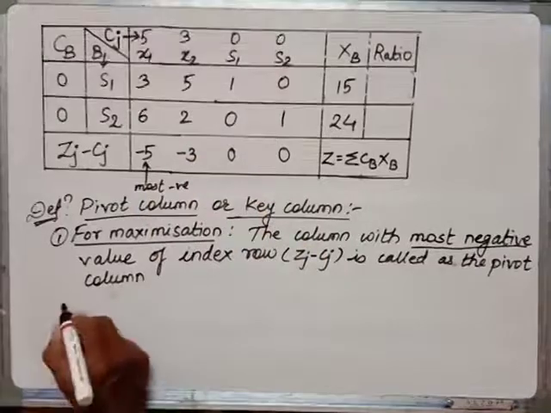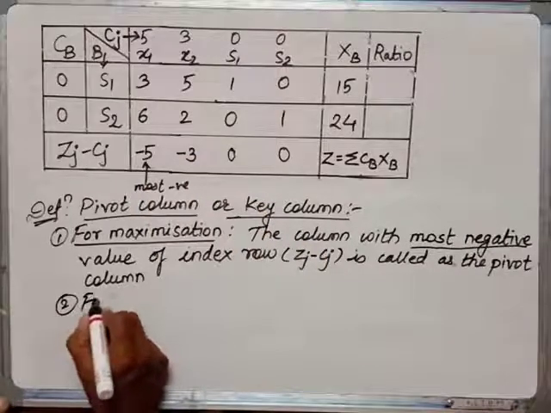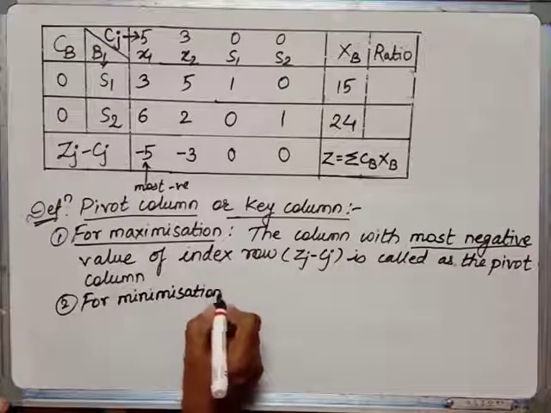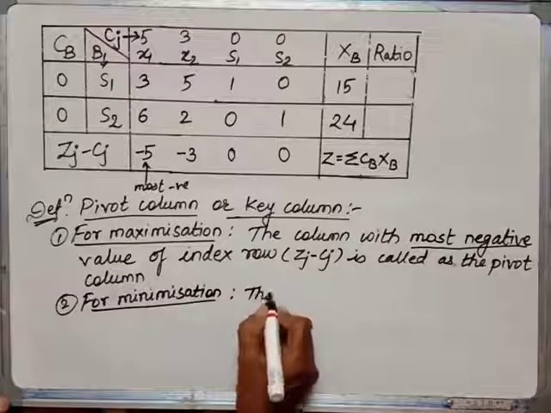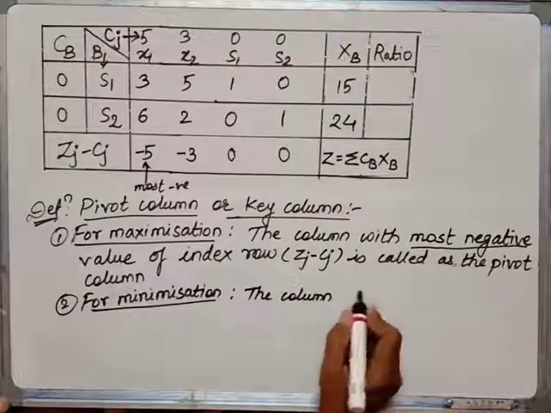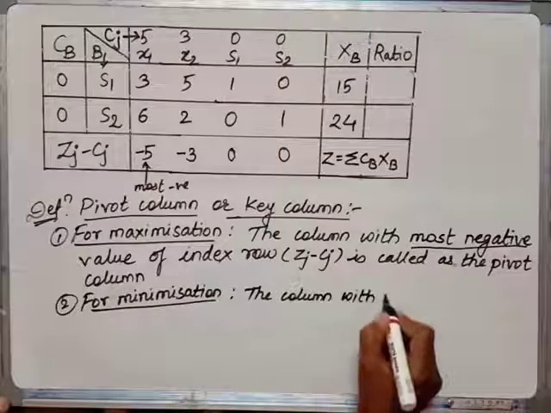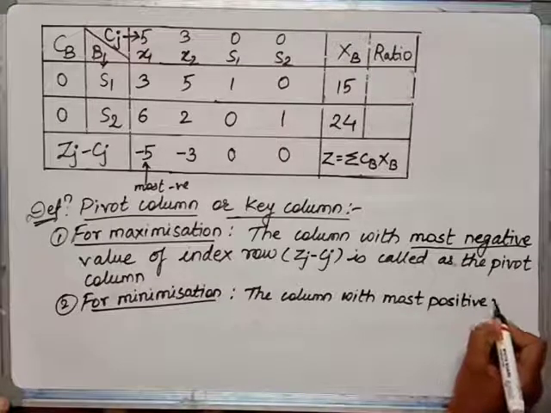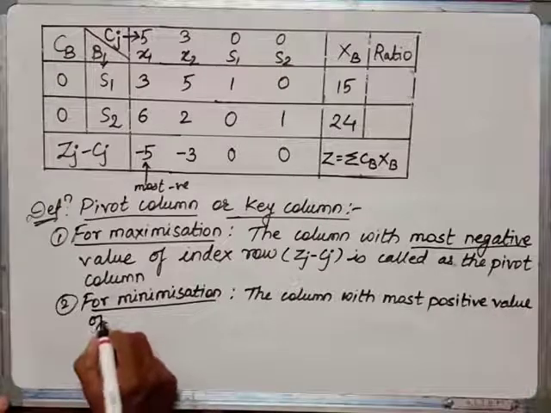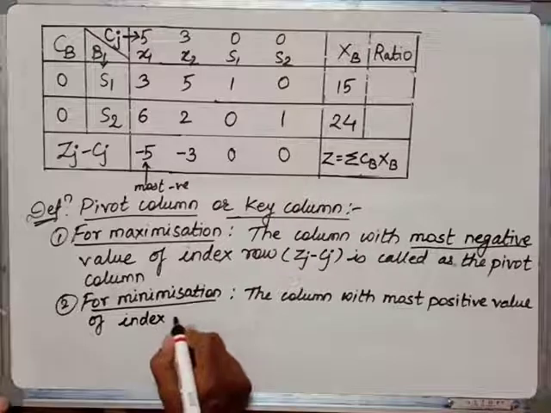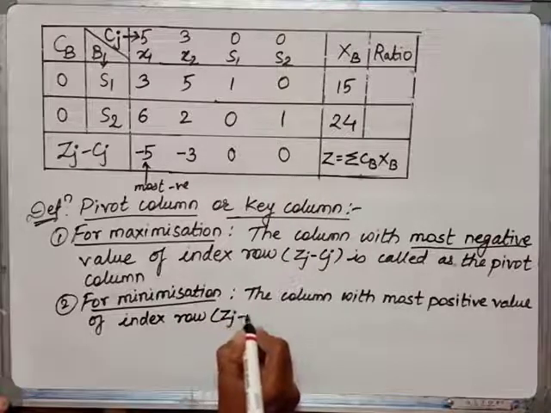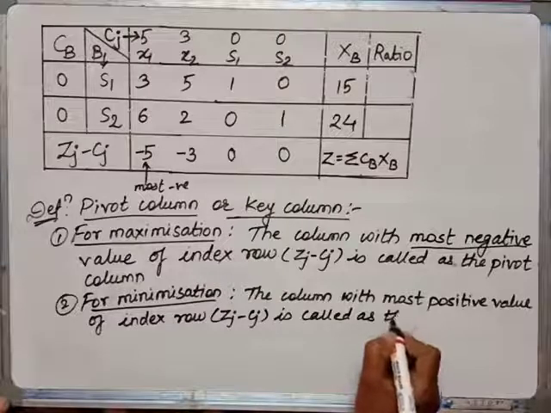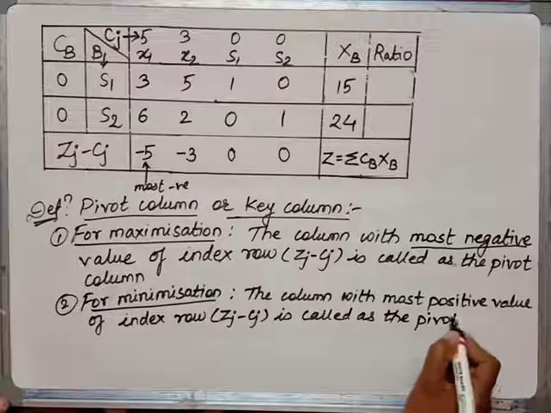Now for minimization, the condition is reverse, that the column with most positive value of index row, or same Zj minus Cj, is called as the pivot column.